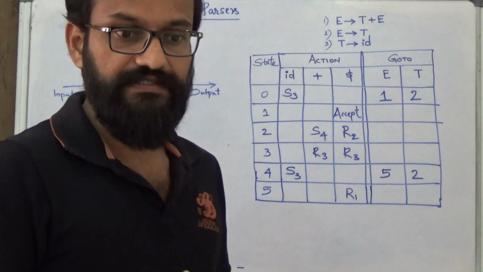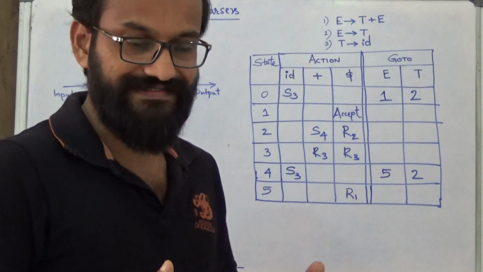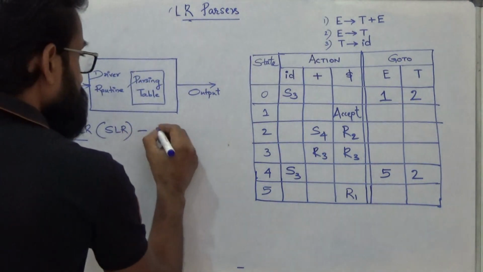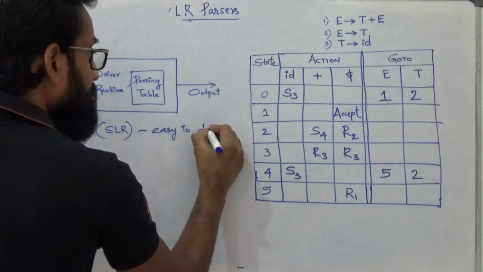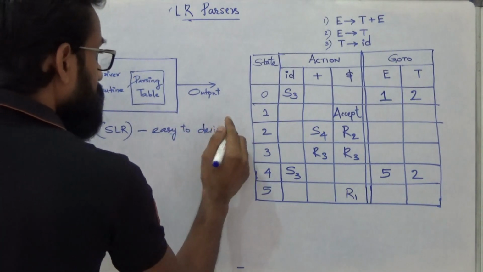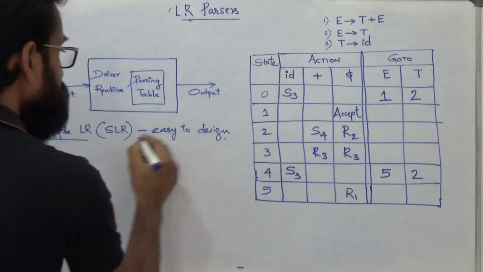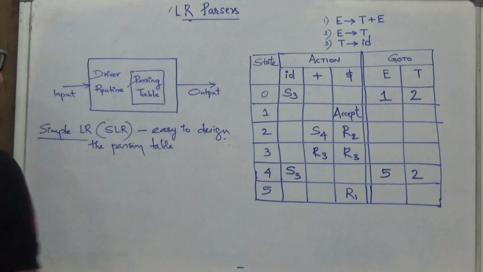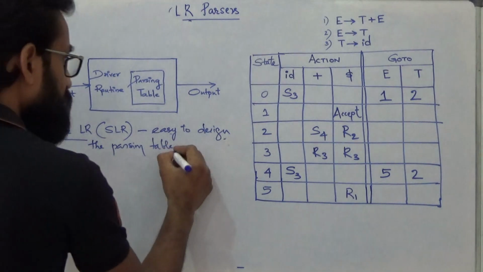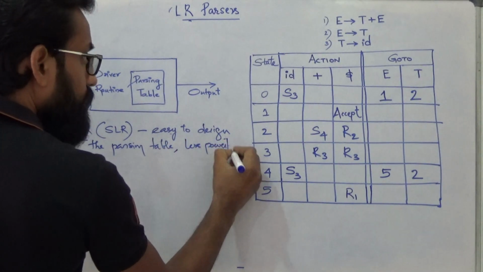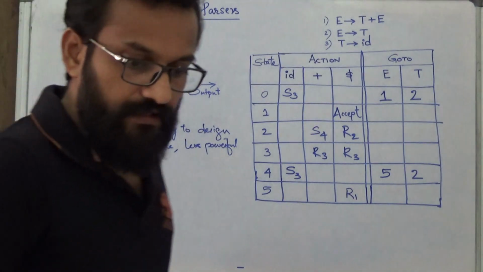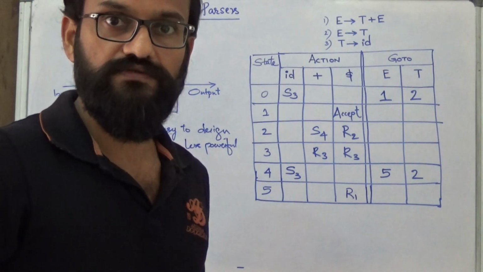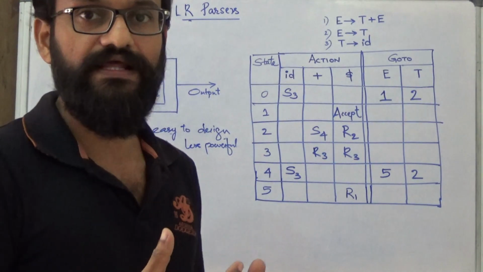It is easy to design the parsing table, but it is less powerful, in the sense that for all context-free grammars you cannot generate a simple LR parsing table.